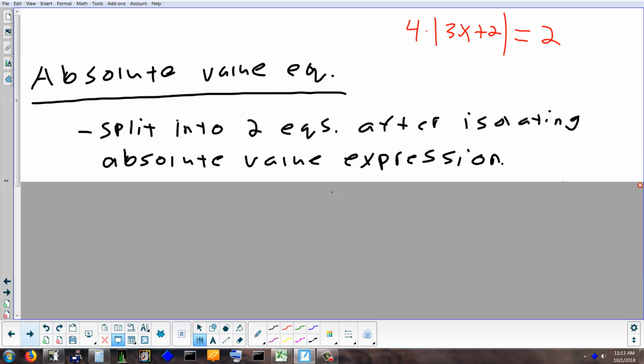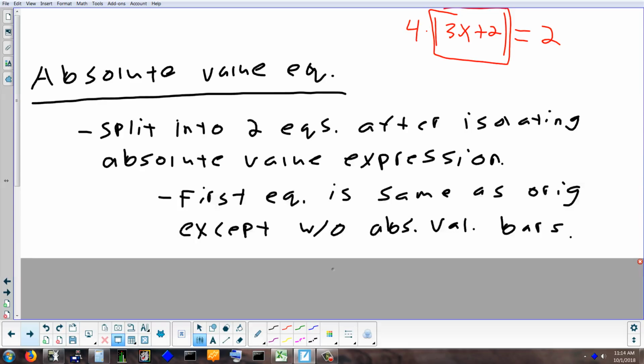So you want to get this whole section alone first. In a lot of problems, it already will be. So after the absolute value is by itself, then we're going to split it into 2 separate problems. And the reason we're splitting it is this is how you get rid of the bars. You can't start subtracting 2 or dividing by 3 until you get rid of the bars.